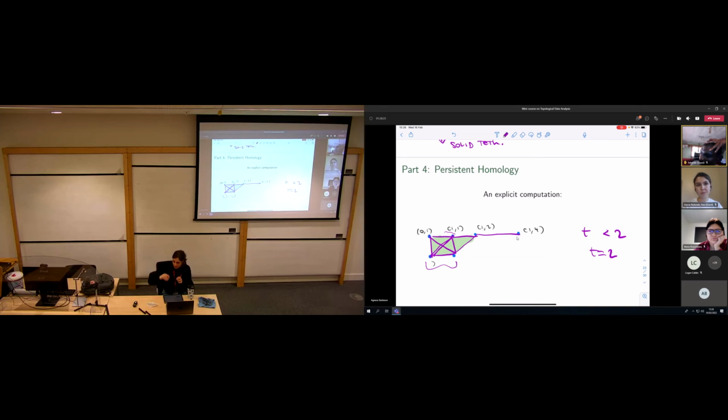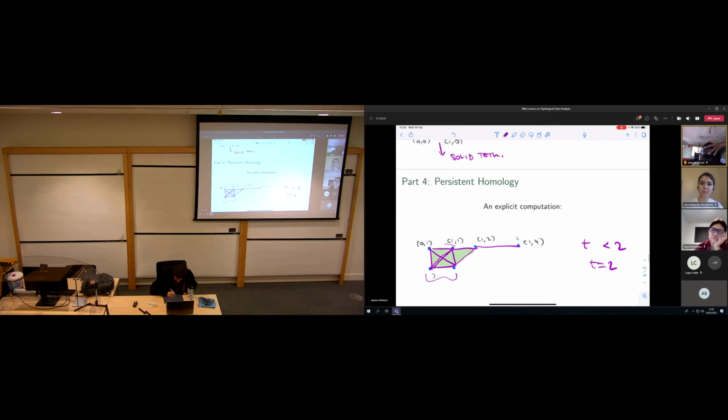At time equal 2, I'm adding these and the corresponding 3-simplices defined by these three points, and possibly other things. The point is that from time equal 2, I have a unique blob with no holes.